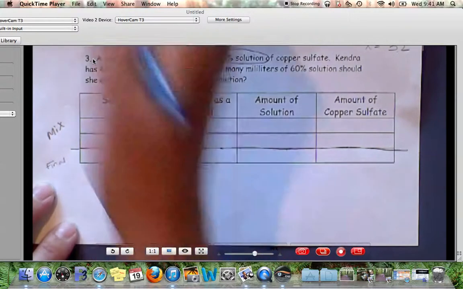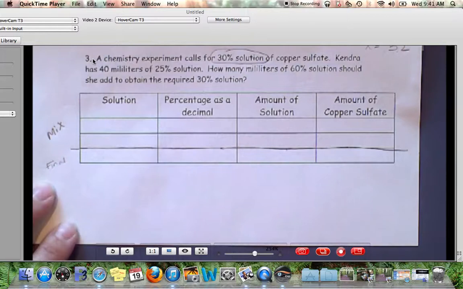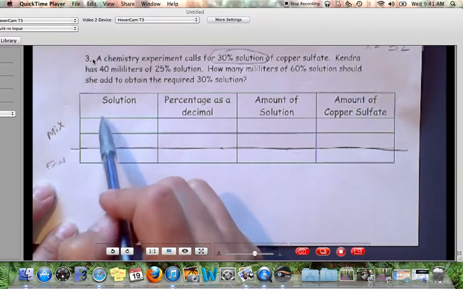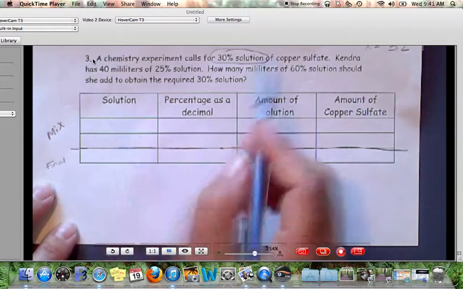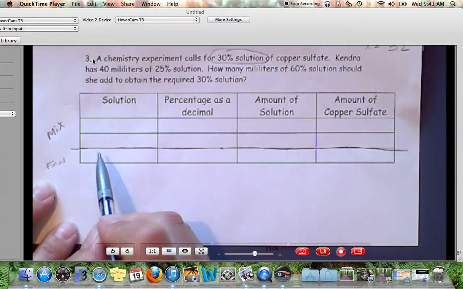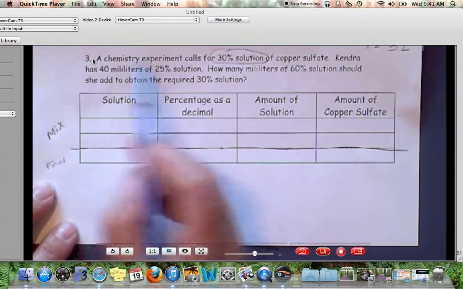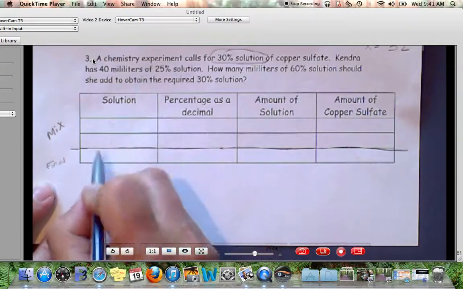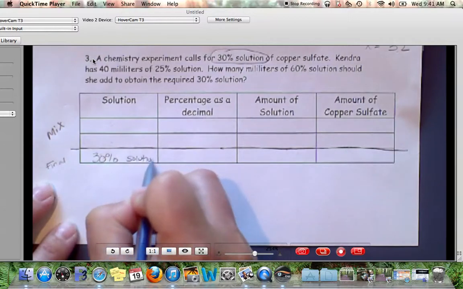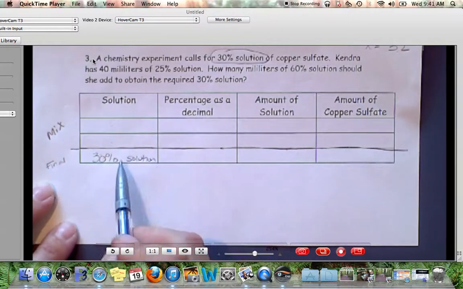So in all the other word problems and chart problems that we've done, the two here can be mixed around. It makes no difference. And that's still true. These two can be flip-flopped here when we get to that. But your final mixture should always be here. So if we're trying to get a 30% solution, then our final mixture we want to be a 30% solution.